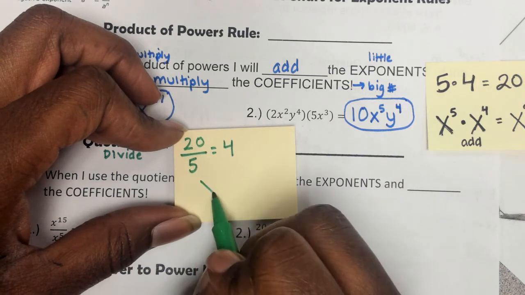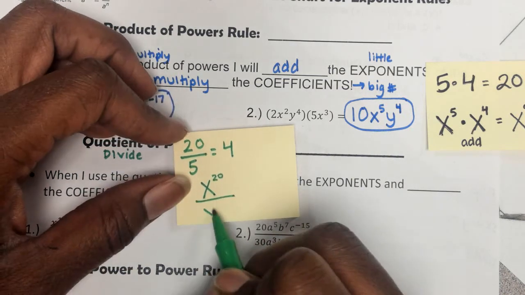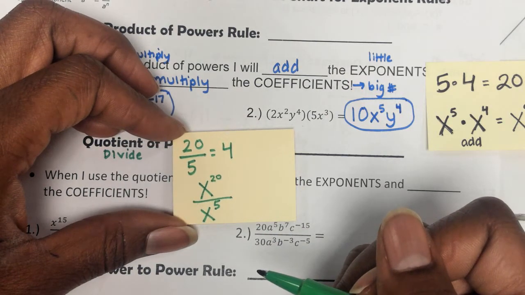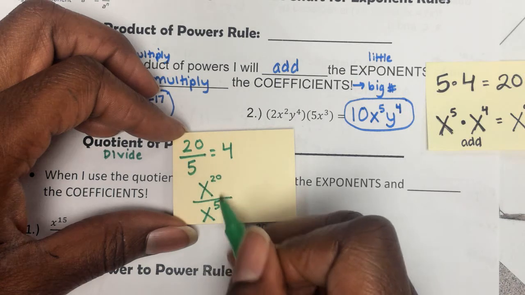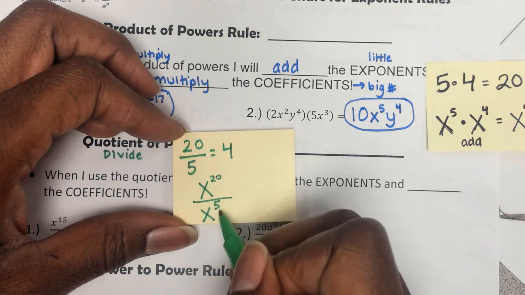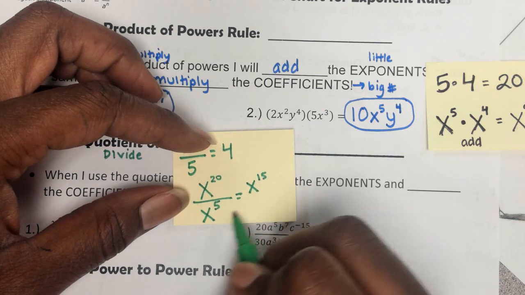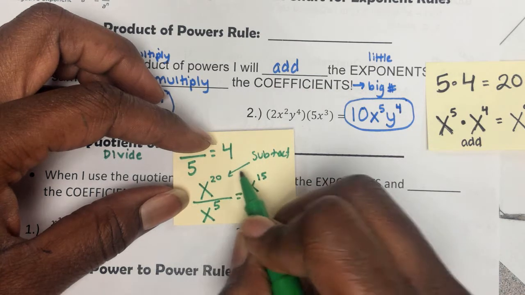But if I turn them into the little baby powers, you cannot treat them the same way. In this case, I got some on top and some on the bottom, which means I need to subtract. This is 20 minus 5, which will give me a 15. So I had to subtract the powers.